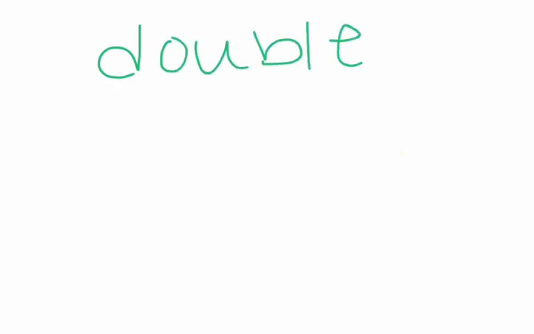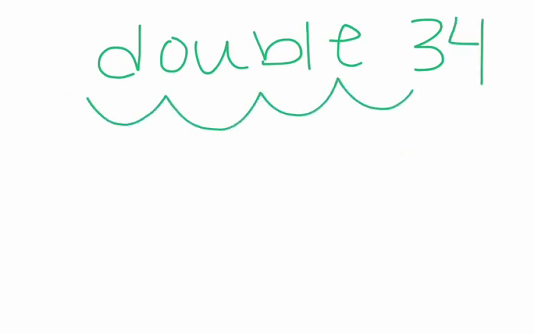So I am going to go to example number 1, and that's on page 442. And I am going to let you figure out, if I say please double 34, your job is to do what I've said. So I'm going to give you a second.